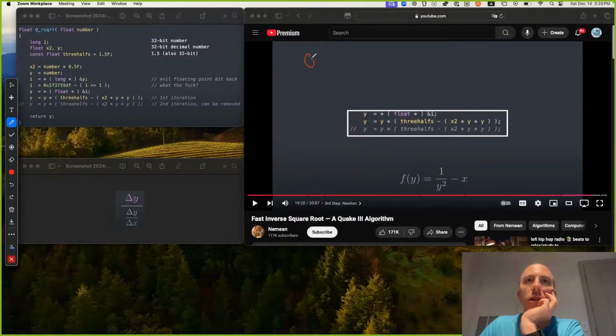So we guess y, and that gives us a y and an f of y value. We need to calculate f prime of y as well.